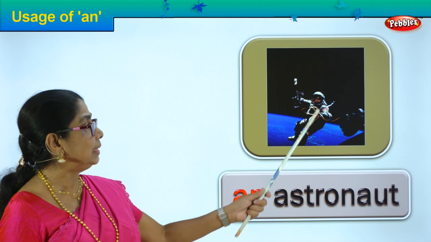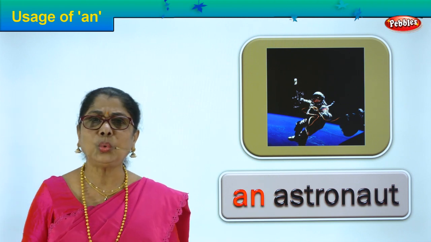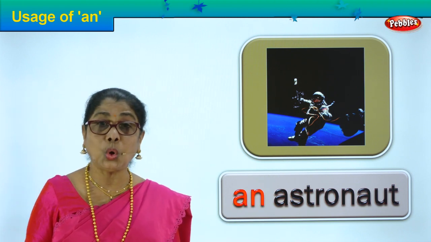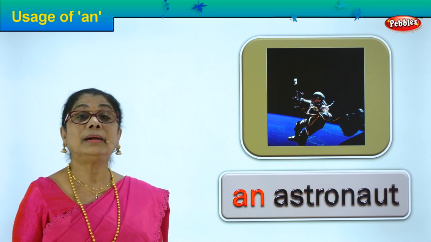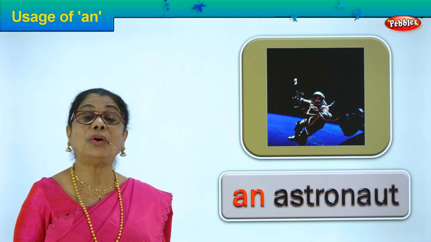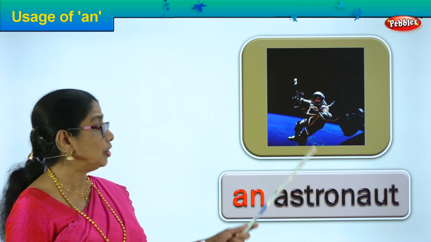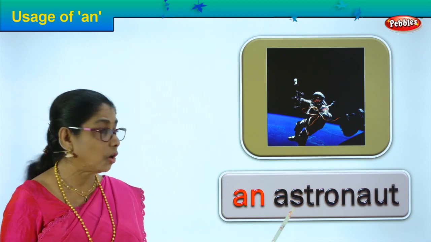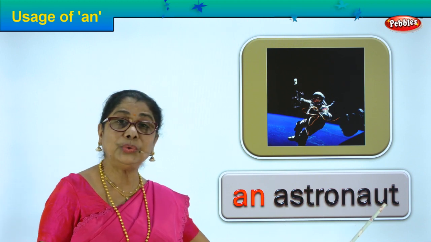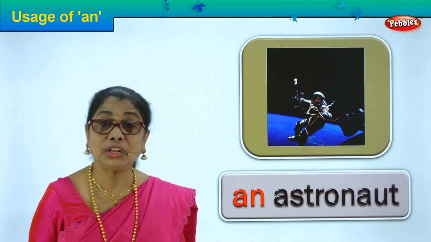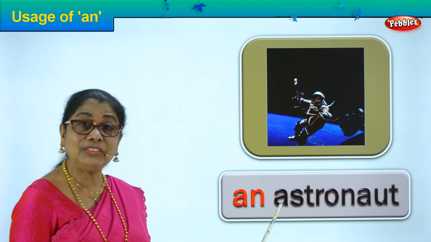Look. Who is this? An astronaut. Who is an astronaut? Who goes into space, into other planets or into the moon. Astronaut. Spell astronaut. A-S-T-R-O-N-A-U-T. Astronaut. The word begins with A, which is a vowel.